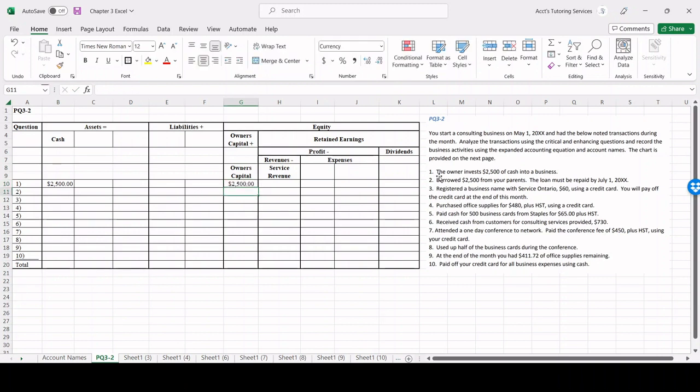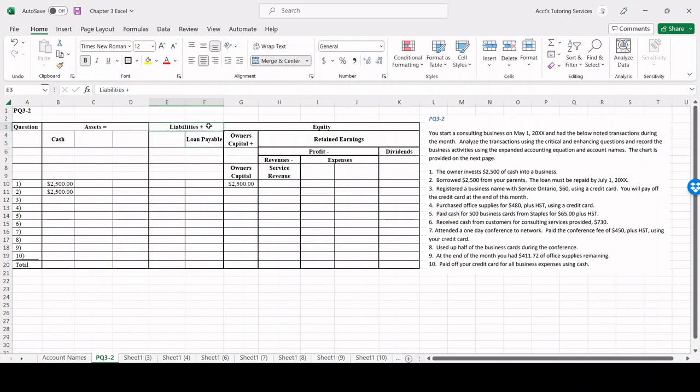Now, transaction number 2, we borrowed $2,500 from your parents. The loan must be repaid by July 1st, 20XX. So once again, when we borrow something, we're borrowing cash. So once again, cash is going to go up by $2,500. Cash is an asset. And in this case now, this gives rise to a loan payable. So now we're borrowing money from our parents.